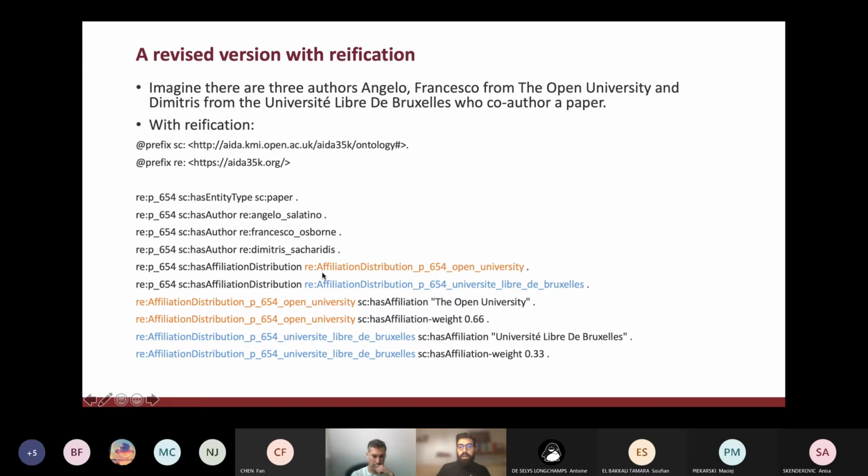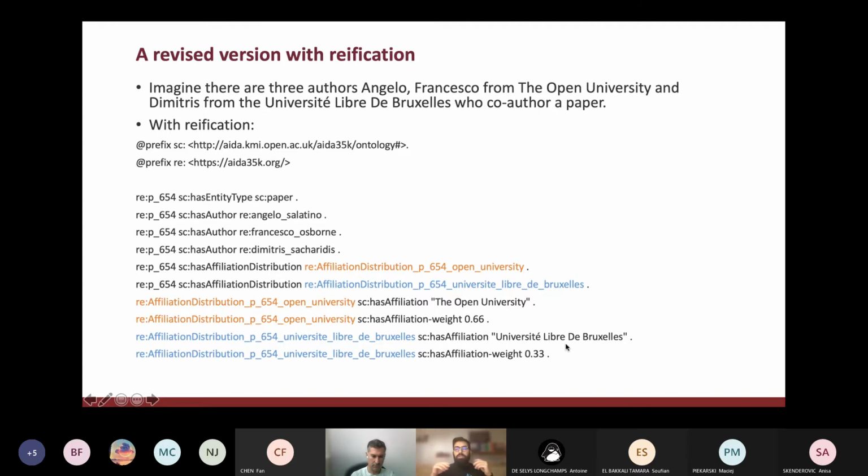So I create affiliation distribution paper ID affiliation, so it's a combination, and then this subject has as affiliation the Open University and as weight 0.66. So now an automatic machine can easily tell whether 0.66 belongs to the Open University and whether 0.3 belongs to the Université Libre de Bruxelles.